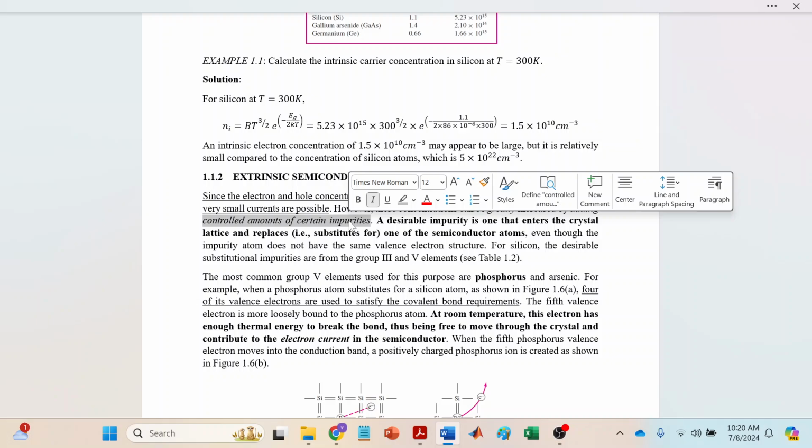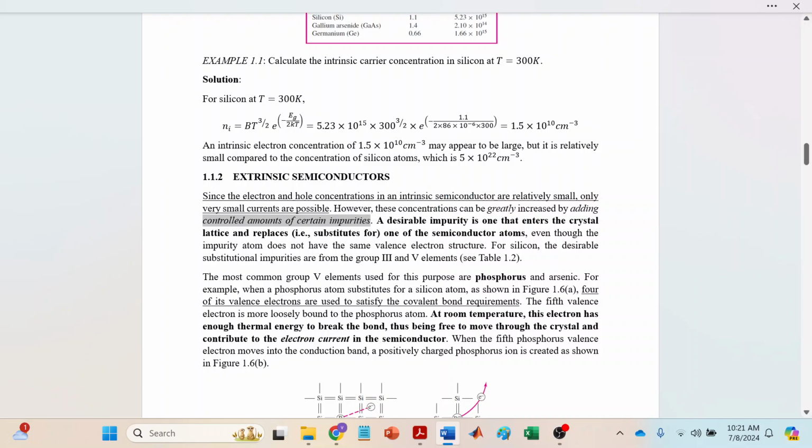So we need to add a controlled amount of this impurity, and as we'll be seeing later, this process is called doping. Because when a desirable impurity, not just any impurity, enters into the crystal lattice, it would replace or substitute the silicon atom, and in the process is either going to give us holes or electrons.